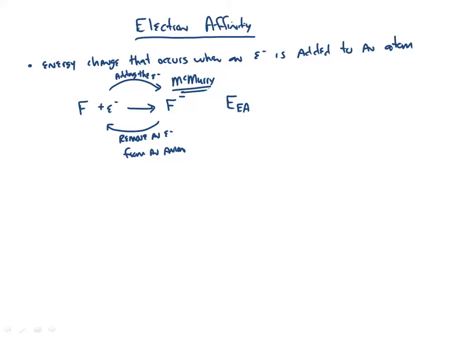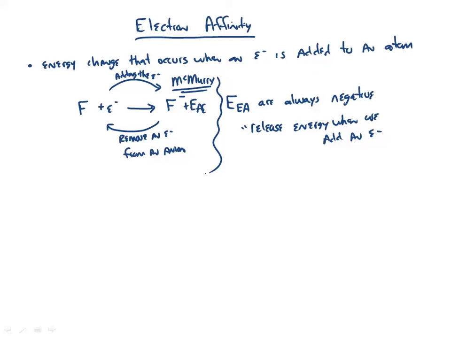In this case, electron affinities are always negative, meaning we actually tend to release energy when we add an electron. Therefore, the energy should show up as being exothermic, meaning we release energy from the system.